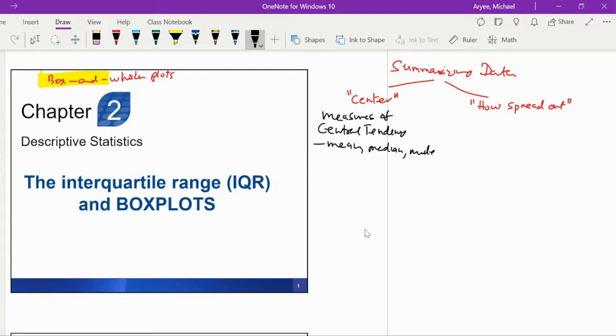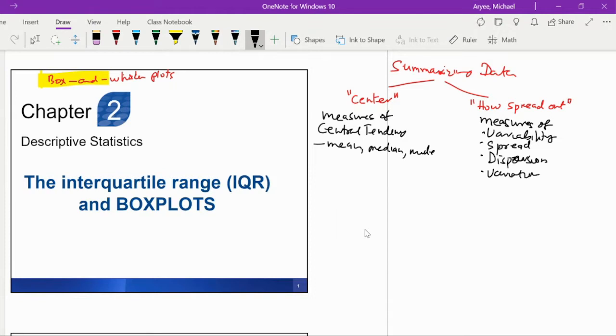Then we started looking at how do you get a single value that tells you about how spread out the data values are. And here we started looking at measures of variability, or measures of spread, or measures of dispersion, and then another name could be measures of variation, right?